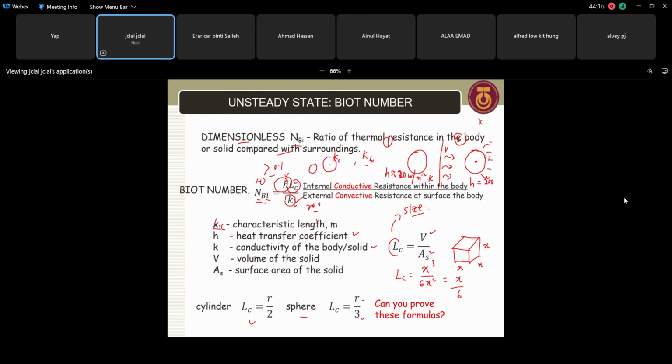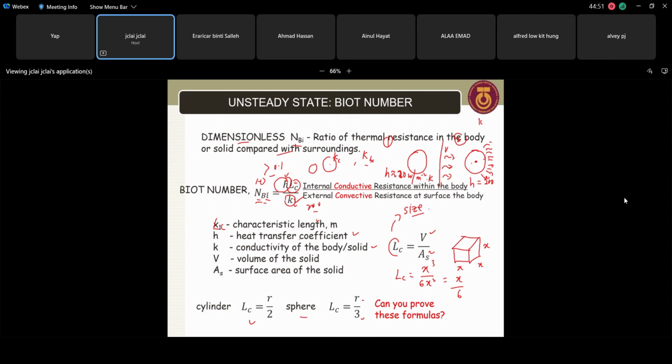But then the rate of heat loss is very high as compared to the rate of heat transferred from the center to the surface, right? So the rate of heat being transferred from the center to the surface is not sufficient to compensate the heat loss to the surrounding because of the high H value from airflow.